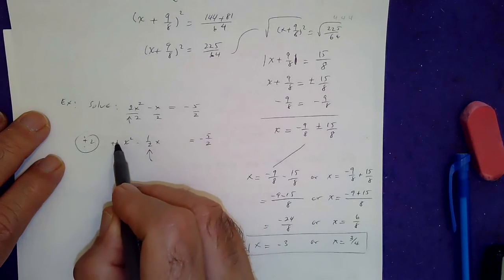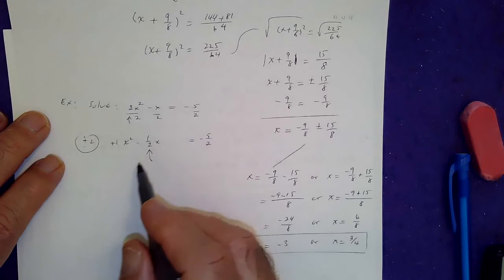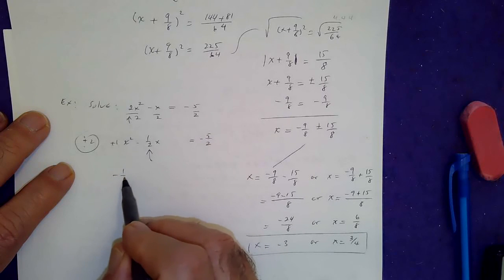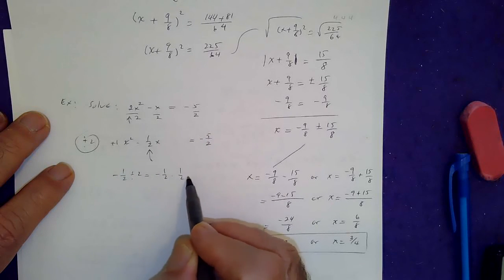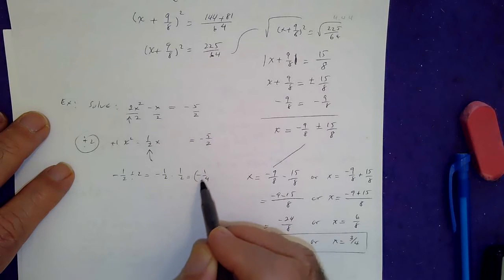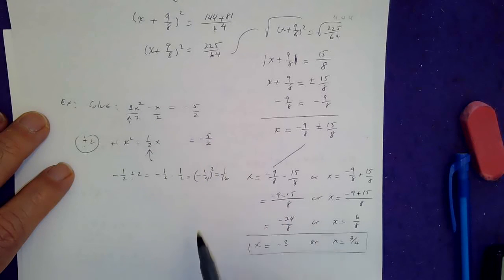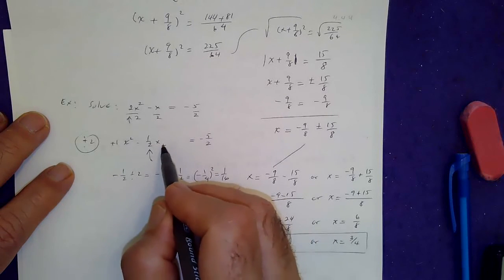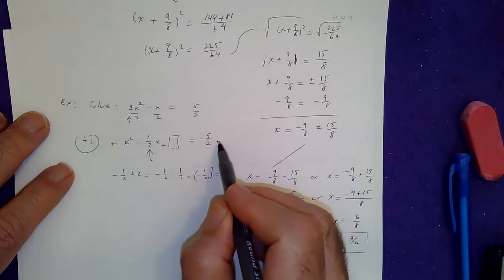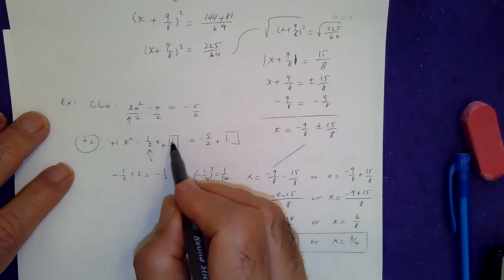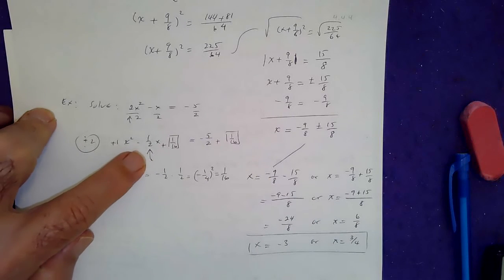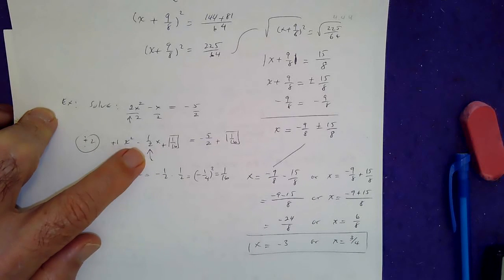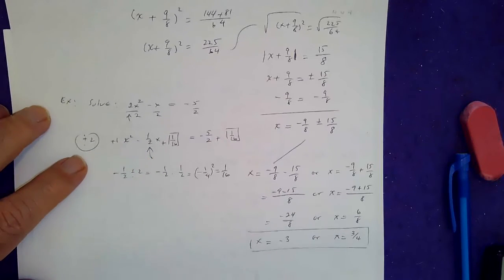Now that you have the leading coefficient equal to 1, half of negative 1/2 is negative 1/2 times 1/2, which is negative 1/4. You square it, you get 1 over 16. So you add 1 over 16 to both sides of the equation.